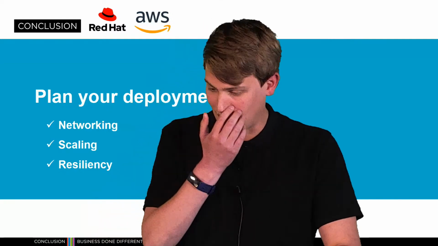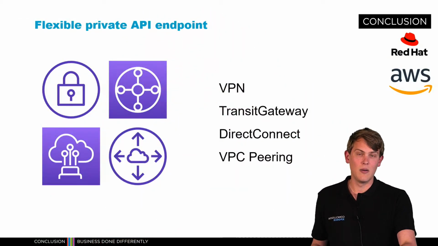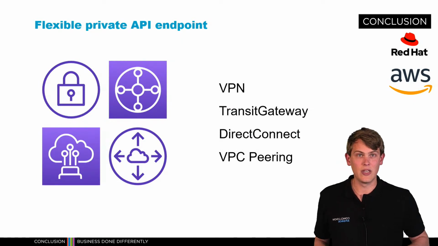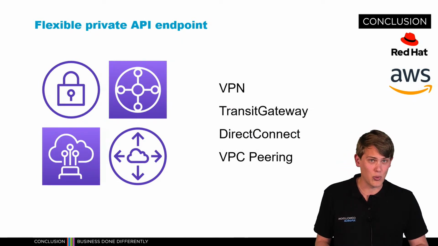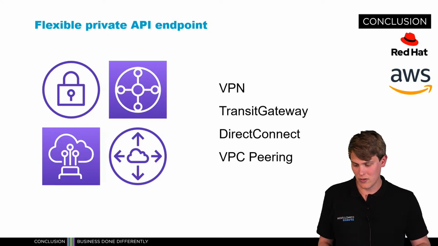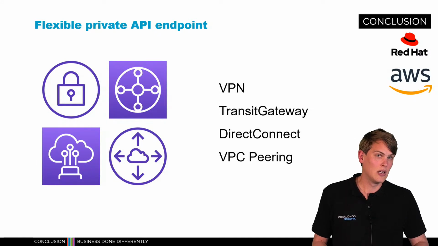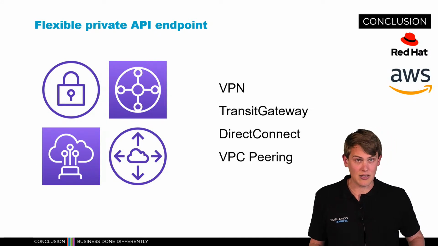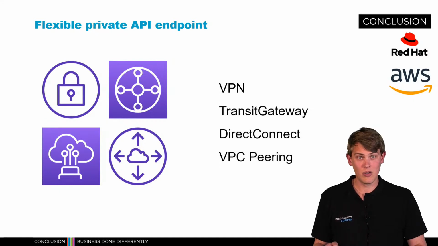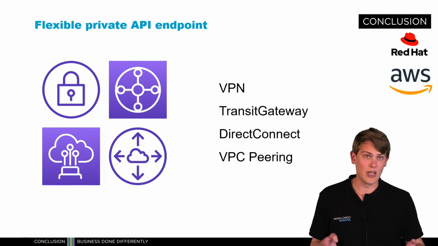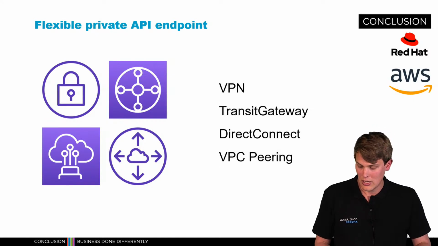As you saw in the tech demo, it was really easy to provision a cluster. But there are a couple of things you need to consider, especially regarding private API endpoints or public API endpoints. When you provision your cluster, the Kubernetes API is exposed via an Elastic Load Balancer, and you can choose whether that API is accessible over the internet or only in your own private networks.